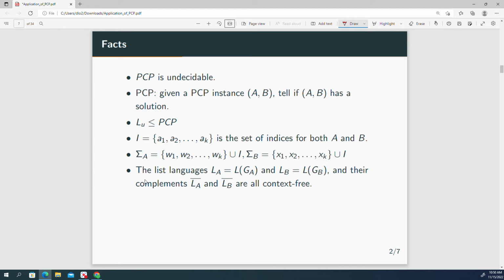And the list language is LA. We derive a grammar GA from the list A. The list A looks like this.